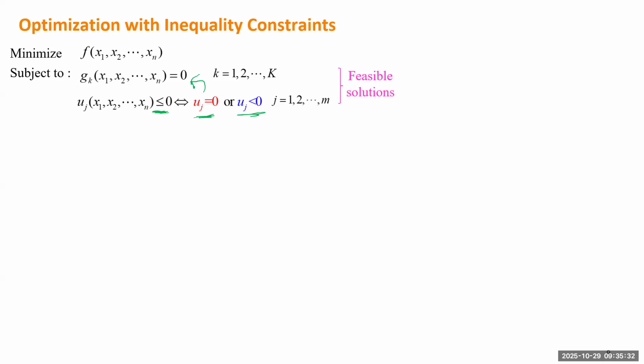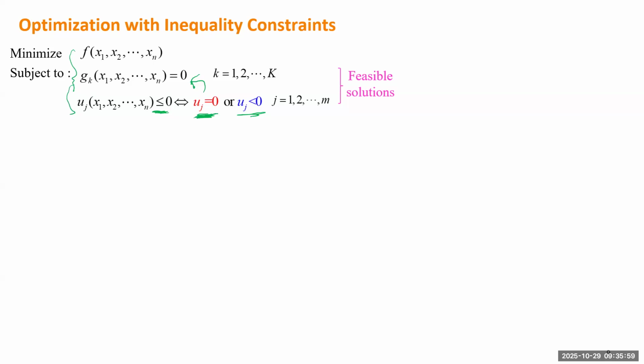So the idea to solve the optimization with equality and inequality constraints can be like this one. We borrow the idea from the optimization with equality constraints. We first solve the optimization with equality constraints only. Also, if this equality holds, we can add that one also to the equality constraints.